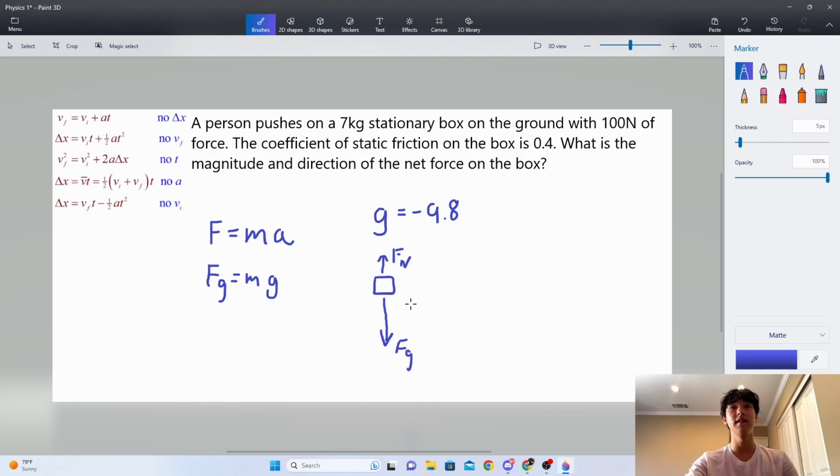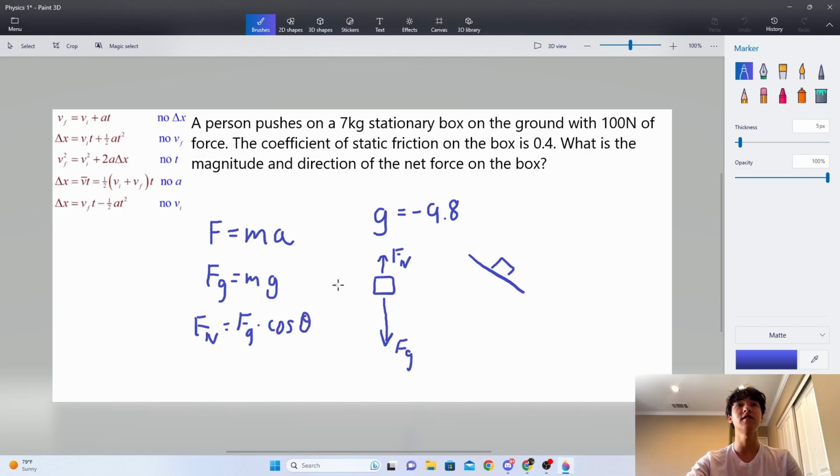Now, in this scenario, if this is not on an incline, then this F of n is equal to the force of gravity times cosine of theta.